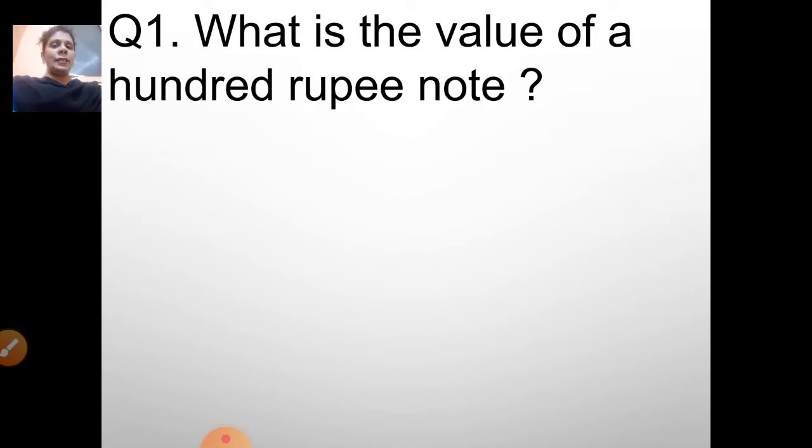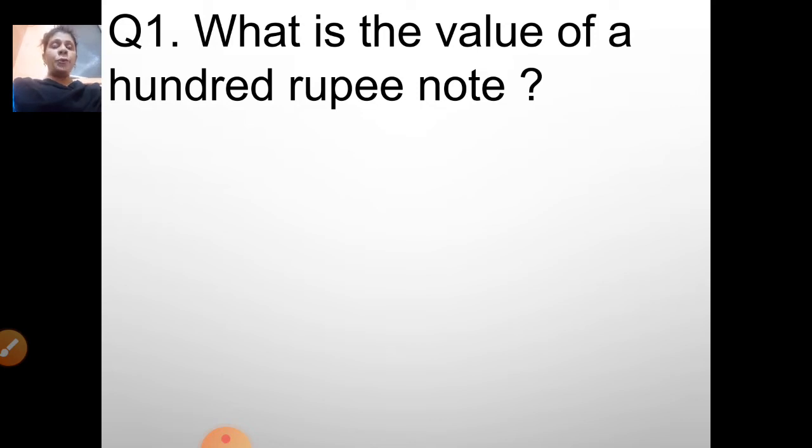Question number 1. What is the value of a 100 rupee note?